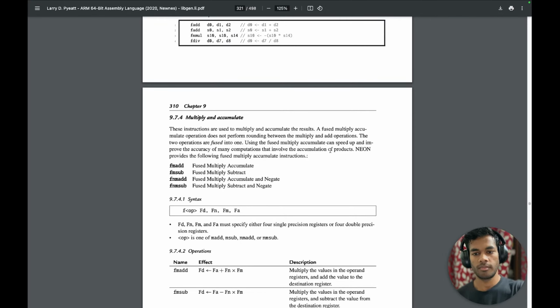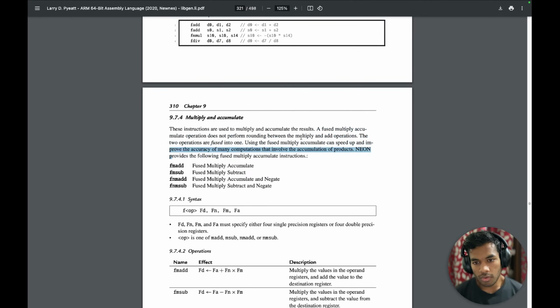A fused multiply accumulate operation does not perform rounding between the multiply and add operations. Okay, it does not perform rounding.